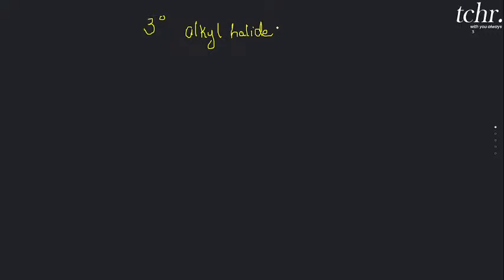Students, let me take one particular example. Let me write tertiary butyl bromide. Tertiary means three alkyl groups attached to the carbon that is bonded to the halogen.